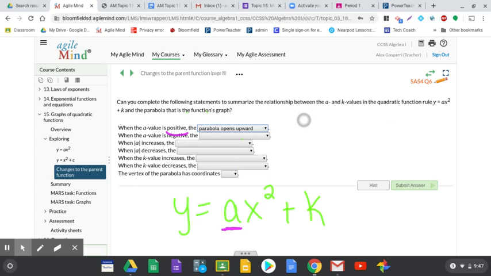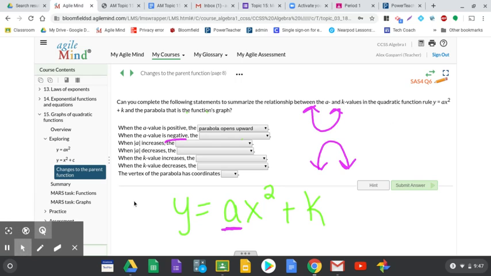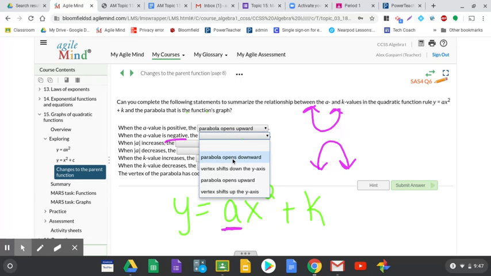It's going to look like a regular U shape. Okay, but when a is negative, that's when it's going to be reflected over the x-axis. So our parabola is going to open downward.